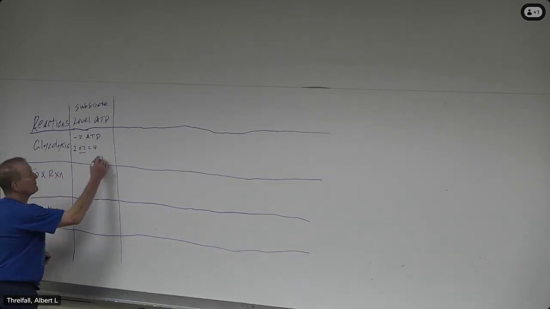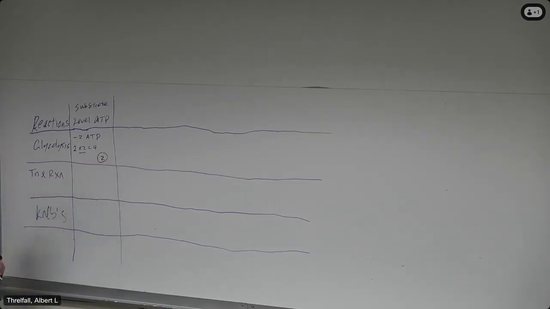So let's put a circle around that 2 because that's a bottom line number. Now as we fill this chart out, anytime there are 2 pathways, we're going to write down what happens for one pathway, and then we're going to say times 2 to remind us that at that point there are 2 pathways running.